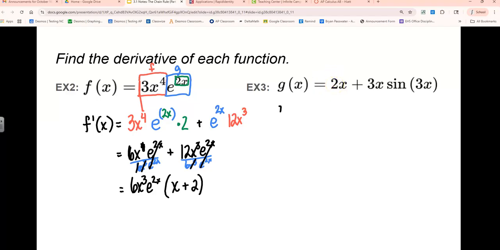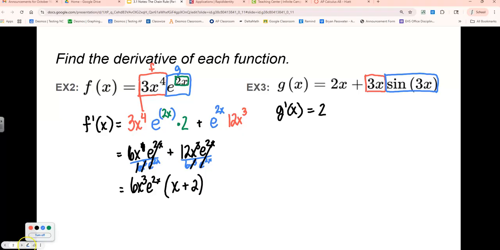When I start taking the derivative here, the derivative of 2x is just 2. Don't have to do anything special right there, right? But over here, your f is this part, and your g is this part.